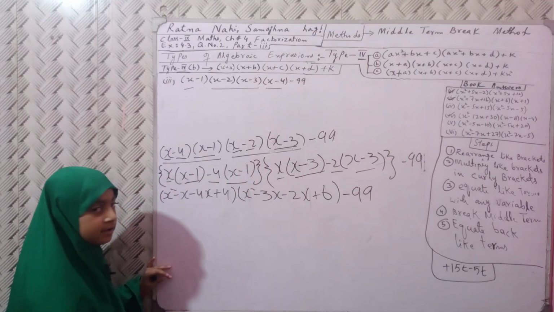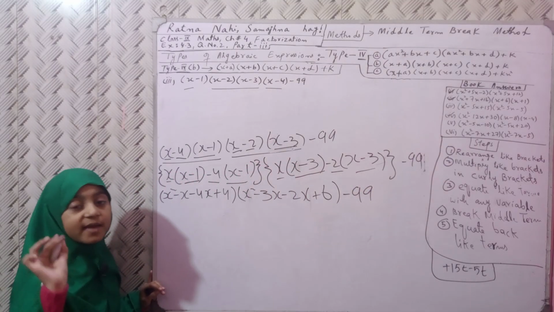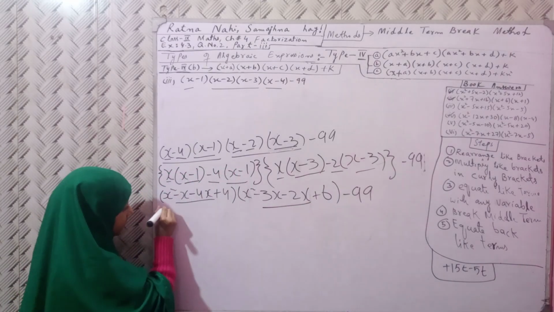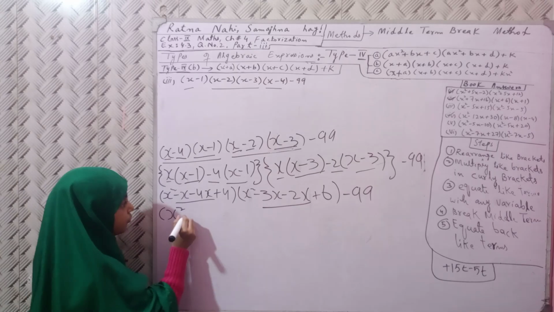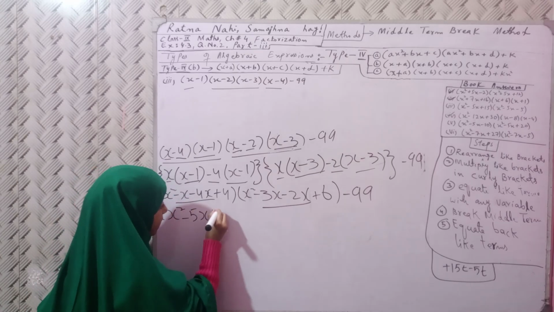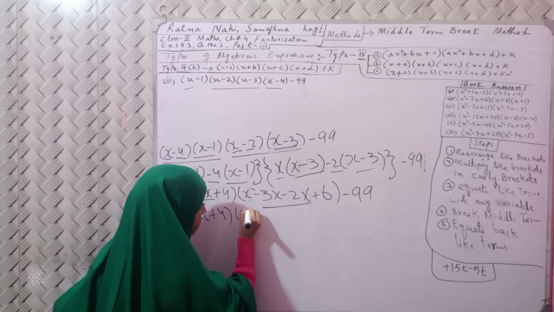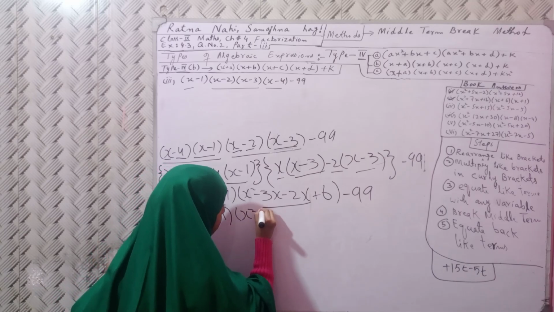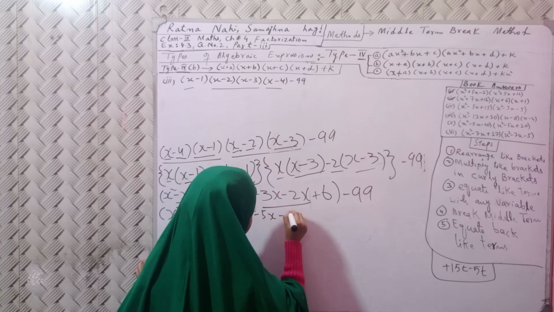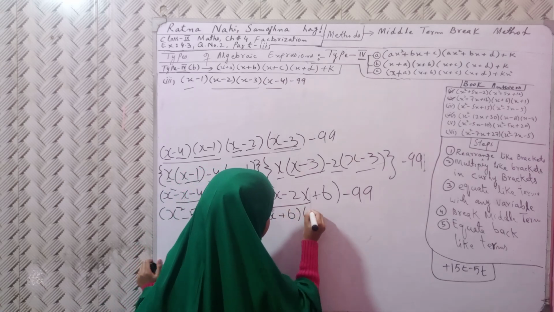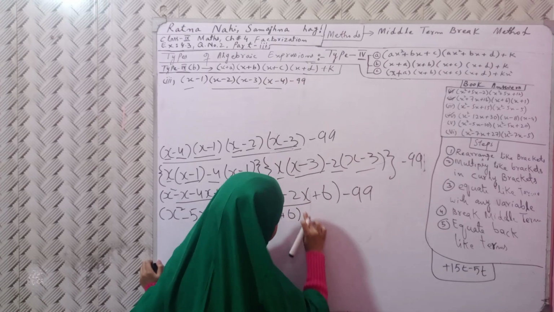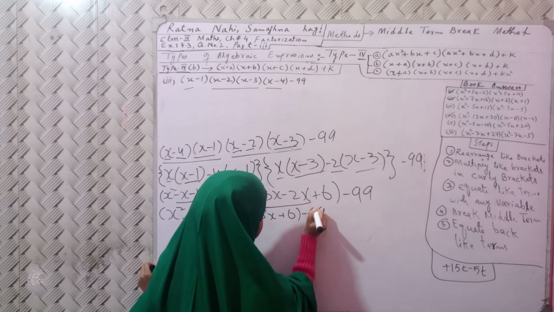We have done this. Before we go ahead, we have one more possibility, this and this: x² - 5x + 4, x² - 5x + 6, - 99.